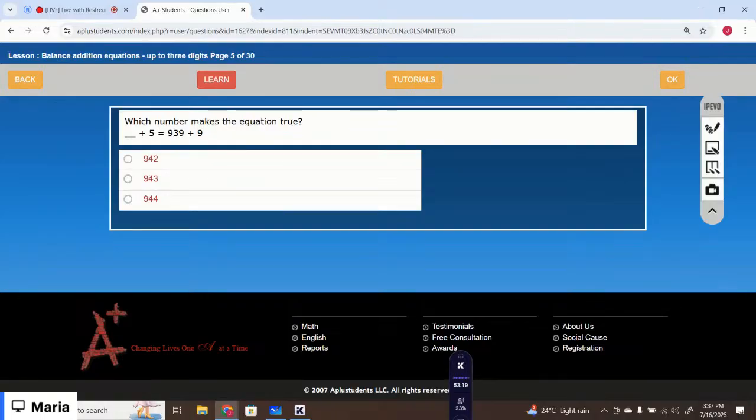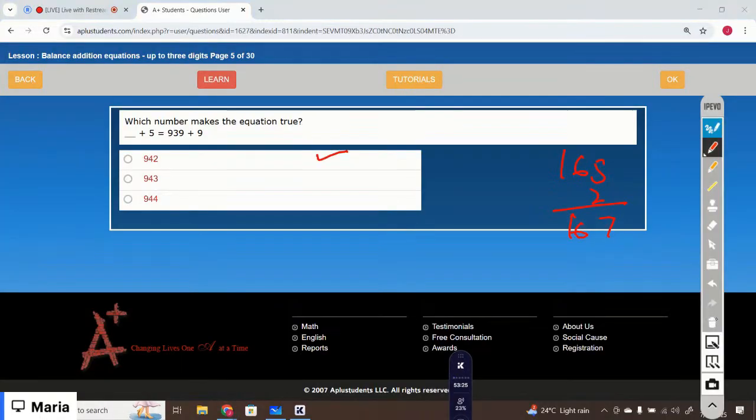Which number makes the equation true? 939 plus 9. 9 plus 9 makes 18, write 8 and carry 1. 3 plus 1 makes 4.